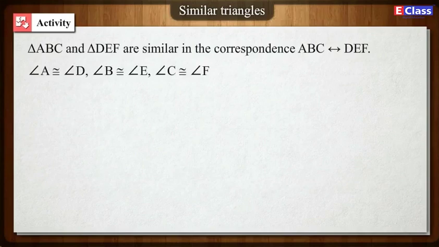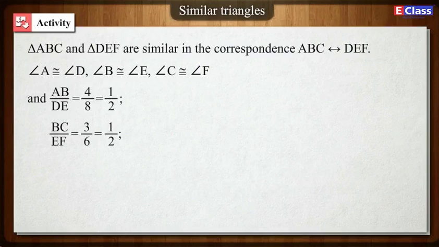AB upon DE is equal to 4 upon 8, which is equal to 1 upon 2. BC upon EF is equal to 3 upon 6, which is equal to 1 upon 2.